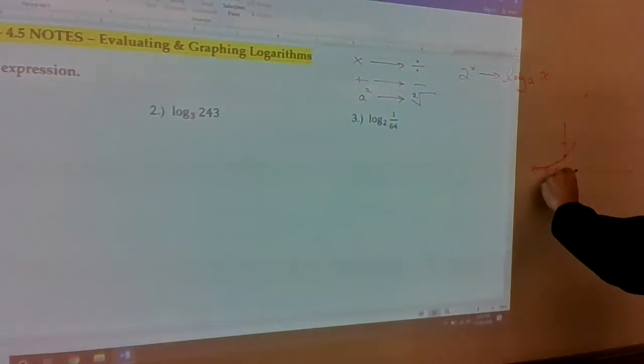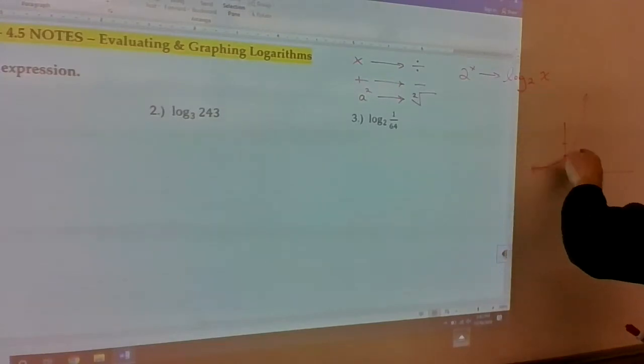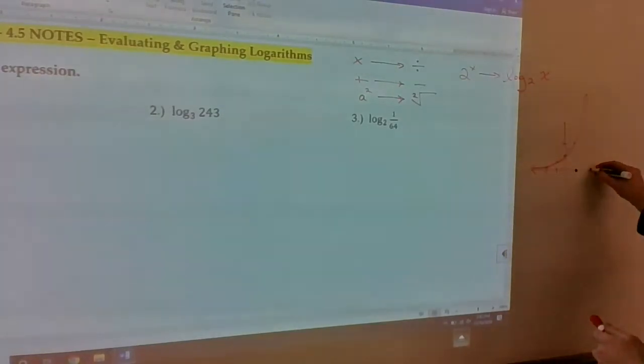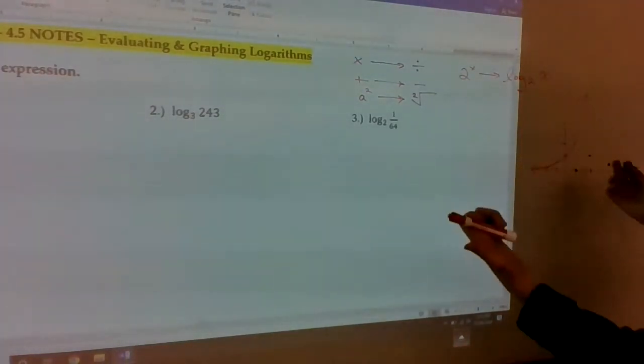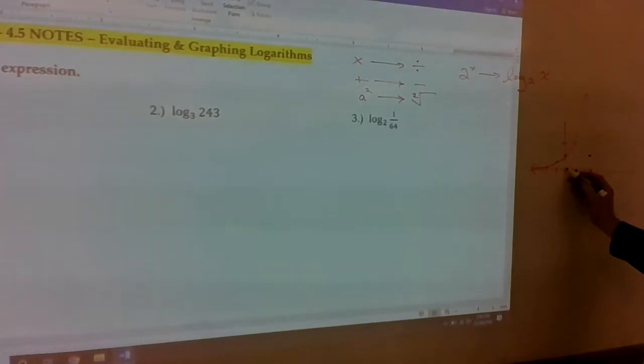If you graphed 1, 2 to get 2 to the x point right here, you're going to graph 2, 1 to get the log. All right? -1 up a half would be over a half down 1.